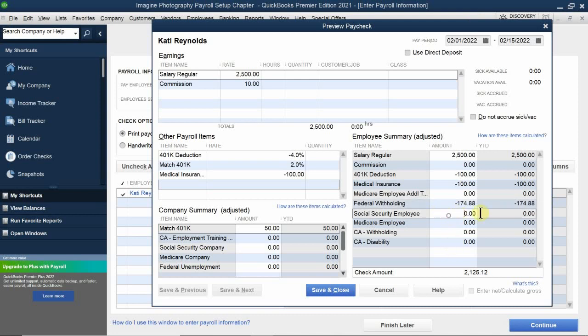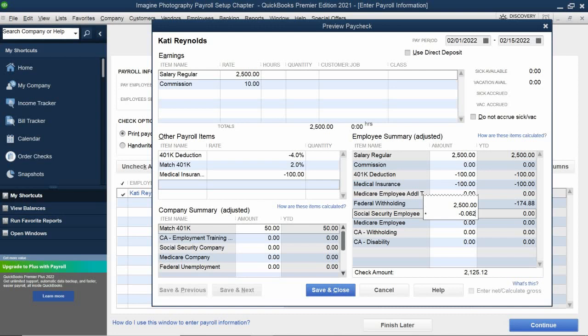Social Security is going to be gross earnings of 2,500 multiplied by 6.2%. That's the standard rate that you're going to be distributing to Social Security.